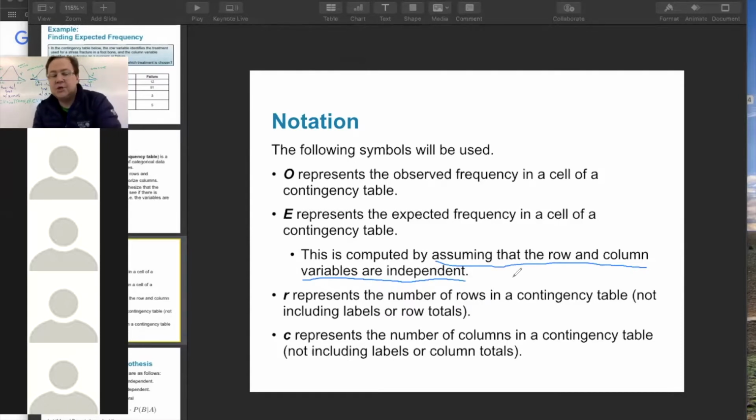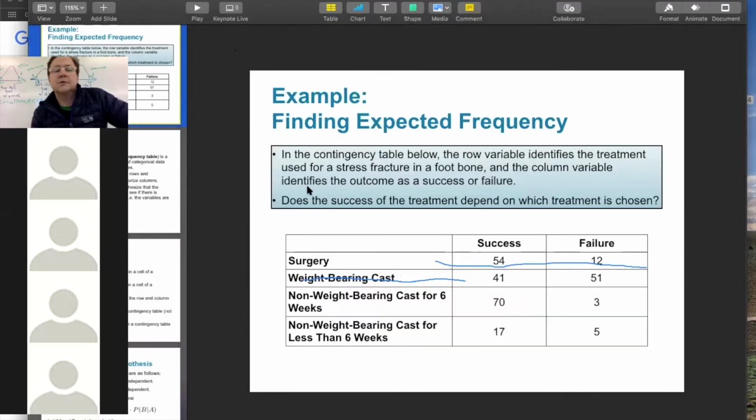So for each entry in the table, we'll be able to compute the expected frequency, assuming that the rows and columns are independent. R is the number of rows in a contingency table, not including labels or row titles. And C represents the number of columns in the contingency table. So in our case, R, the number of rows, is 4, and C, the number of columns, is 2.